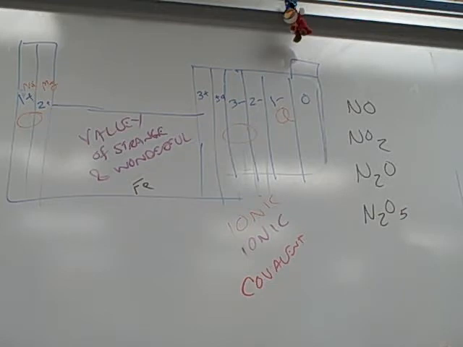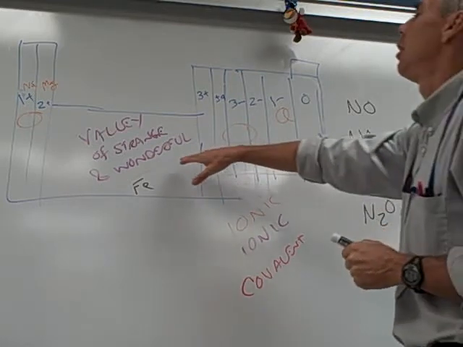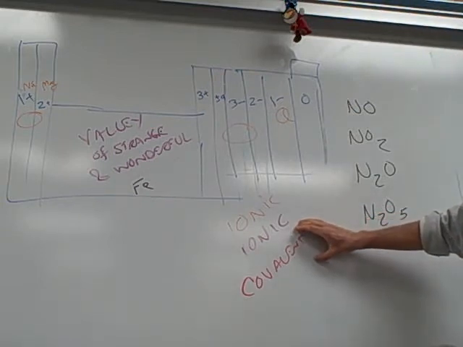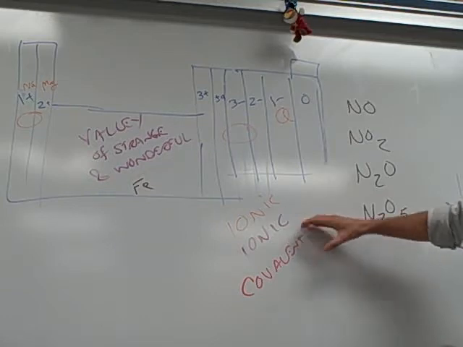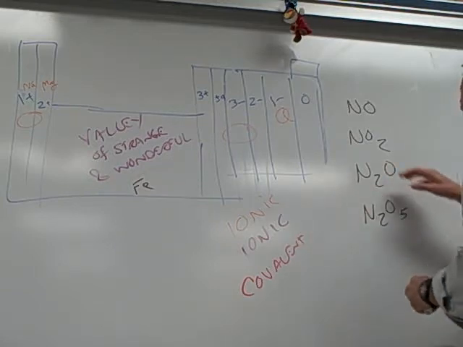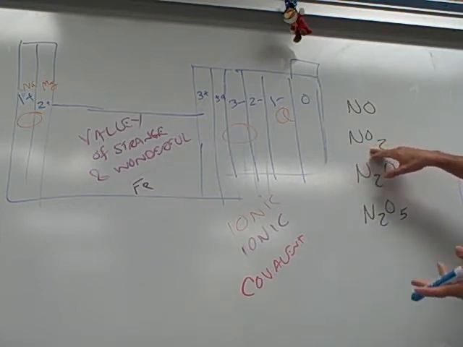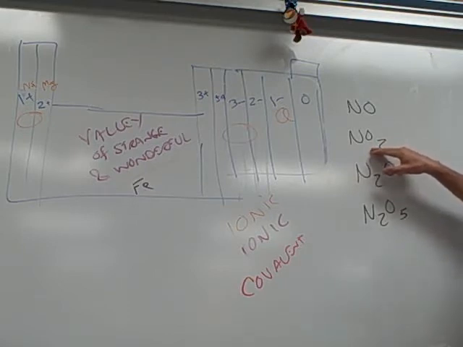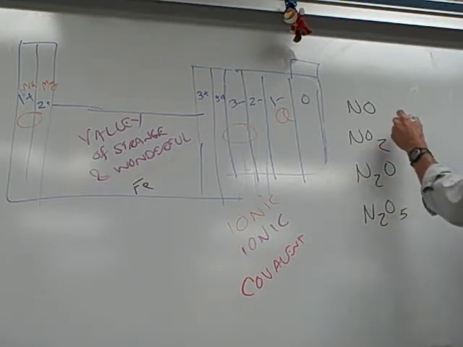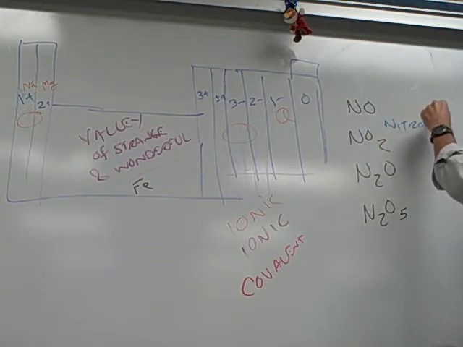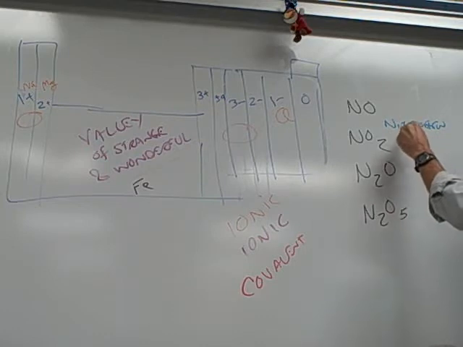Now, instead of giving the number of the charge, because they're not really charged, we simply count the number of atoms. So if we wanted to say there's a nitrogen with 2 oxygen, well, what's a good prefix for 2? Di. And so this is nitrogen dioxide.